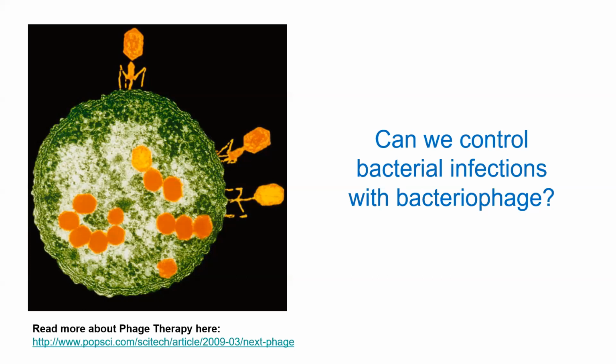This woman's husband got ill. I can't remember what the infection was, but it was quite serious. She was a microbiologist and spent some time reading up on this. They went from specialist to specialist, and he was just getting worse. So as a shot in the dark, they flew over to Georgia, not the state in the United States, but the country in Eastern Europe.